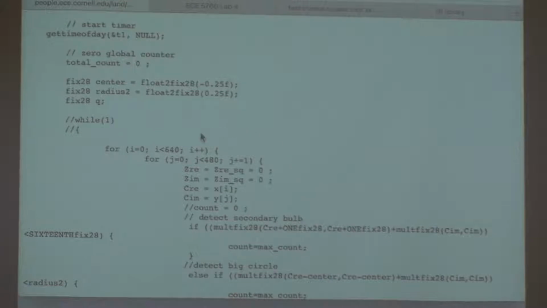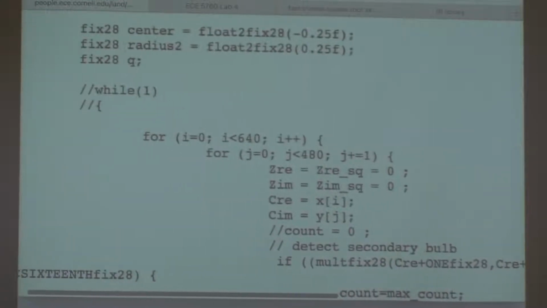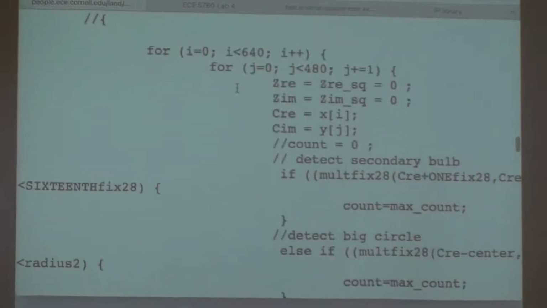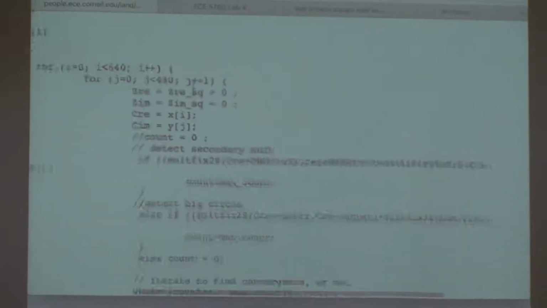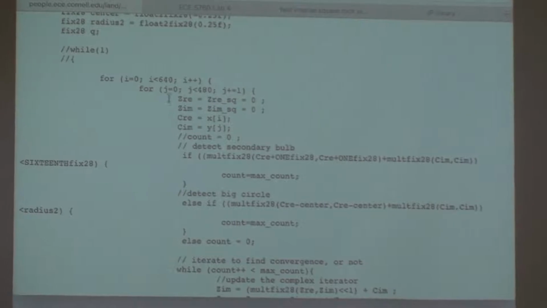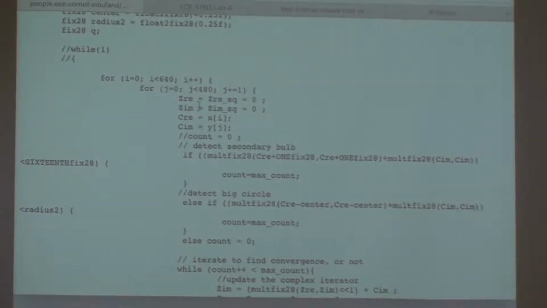And defined the center and radius of a couple of circles. Then iterate through the complex arithmetic, but I've got to have separate real and imaginary variables.